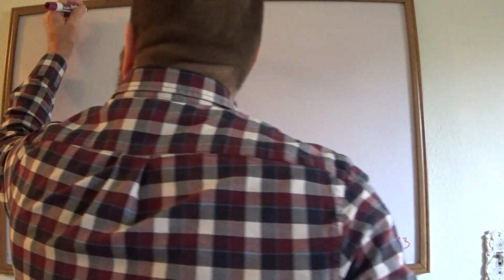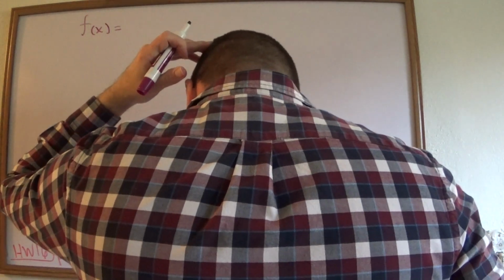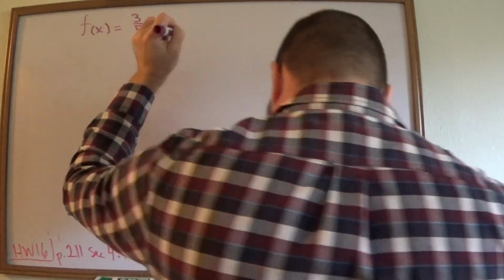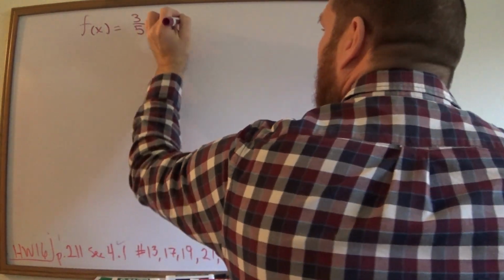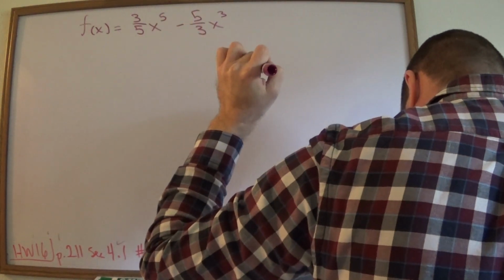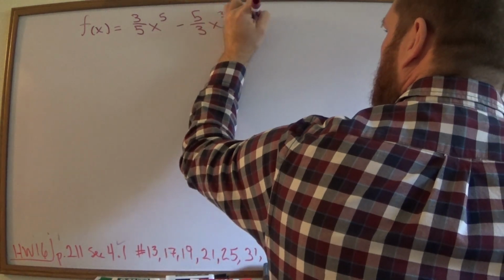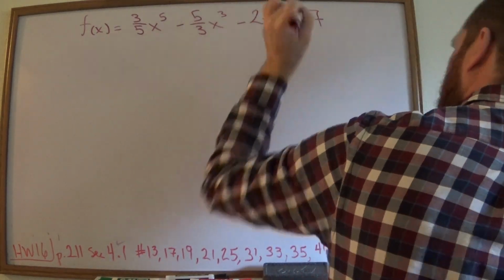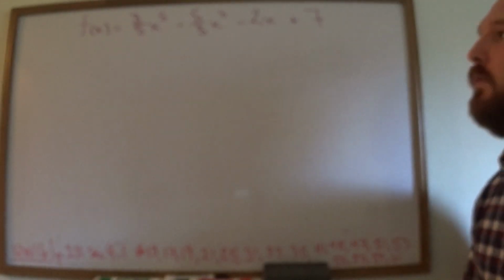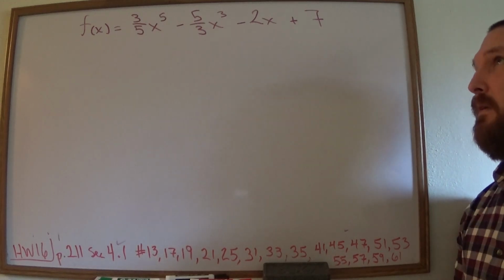Let's say you have a function that is 3/5 x to the 5th minus 5/3 x to the 3rd minus 2x plus 7. And I want to find all the local maxima and minima, or I have some kind of problem with a min and a max.